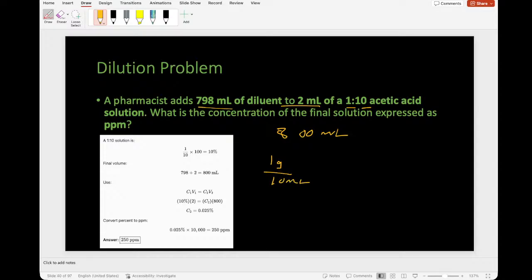As I mentioned, ratio is grams per milliliter in the previous section. So you would multiply it by 100, and you get the percent, which is the 10%.